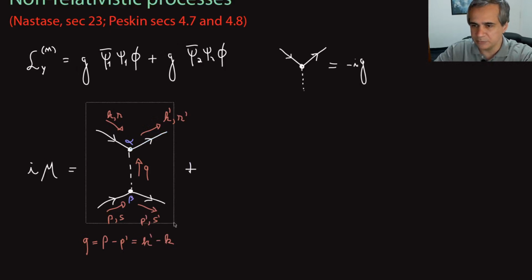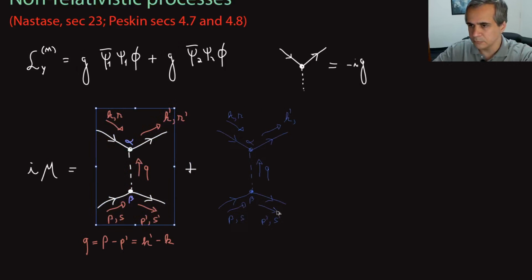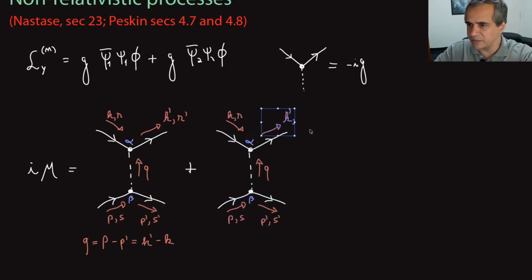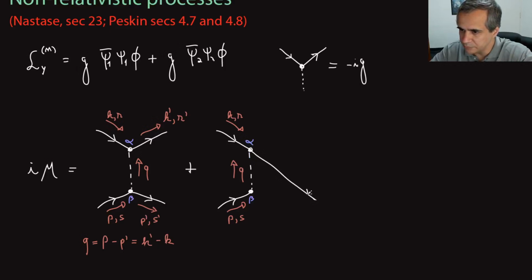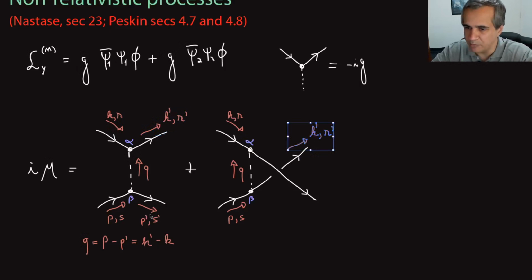Let me copy this. Right? Because I can exchange these final fermion lines, right? I can come here and do, let me move Q to the side. I could do this assignment here. I'm still keeping the upper one as momentum k prime and spin r prime.